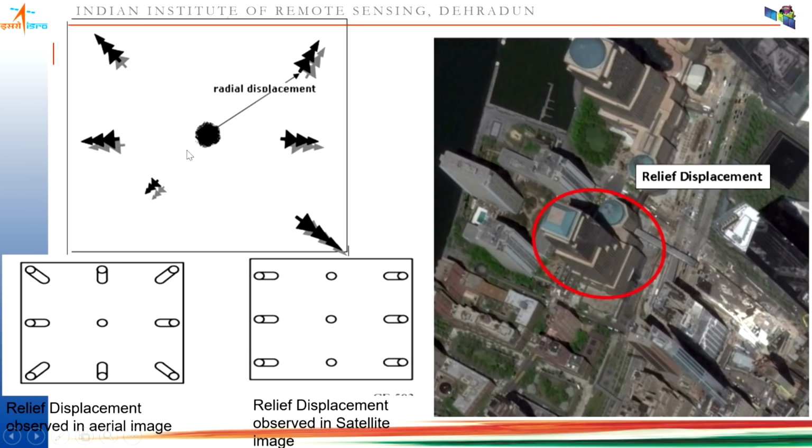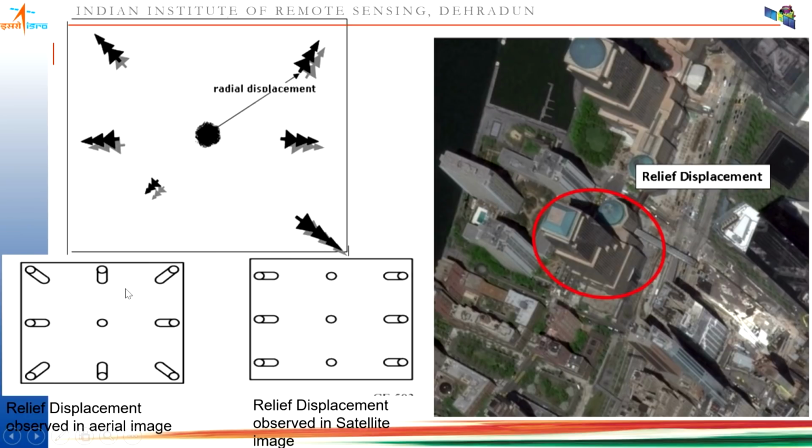As you go radially away from the nadir, the relief displacement is maximum at the corner. At this position, the displacement is less. At this position, the displacement is maximum. Where the radial displacement is maximum, the relief displacement is maximum. Here you can see this is the maximum relief displacement.